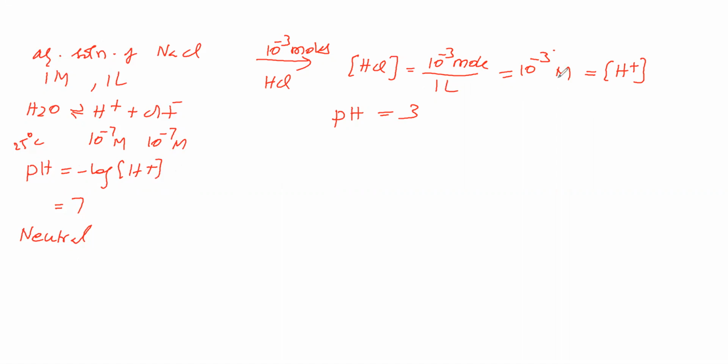HCl giving H plus ions is not consumed by anybody in this solution. The H plus ions provided by HCl are present as they are in the solution. So the H plus ions from HCl are completely free.